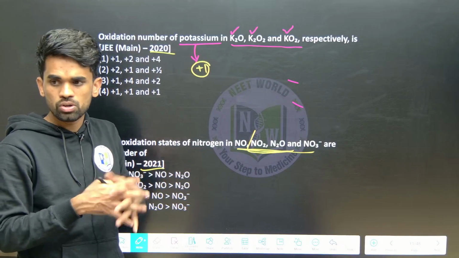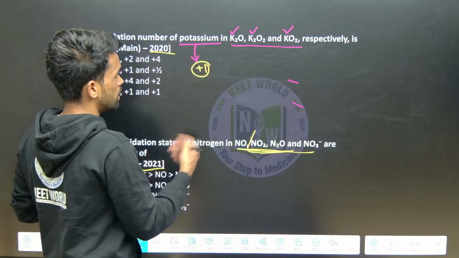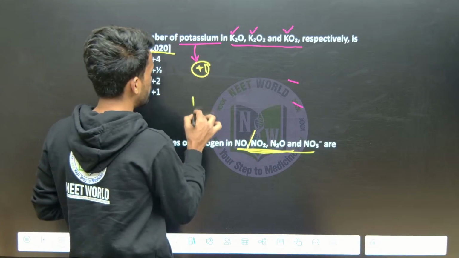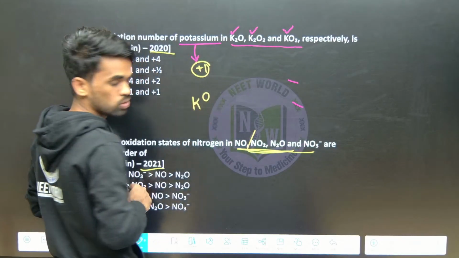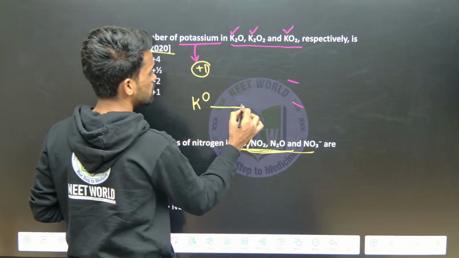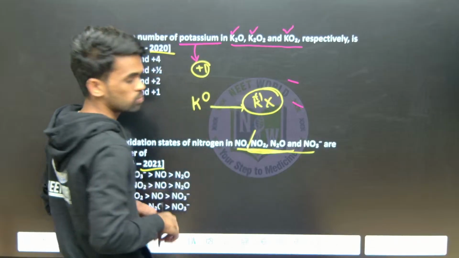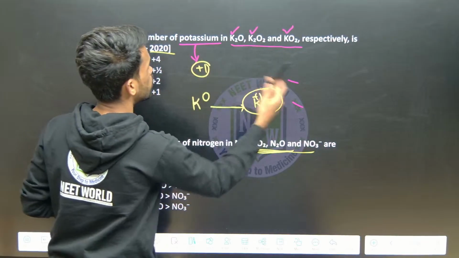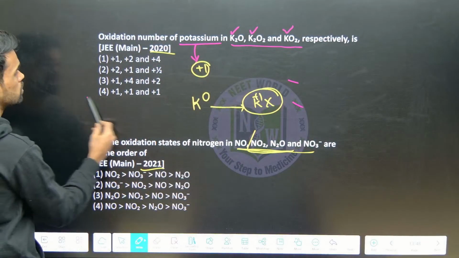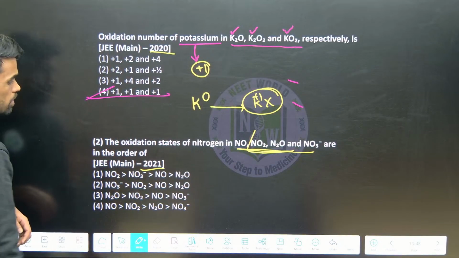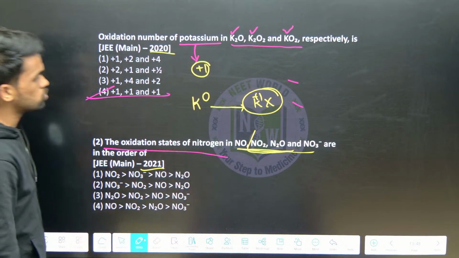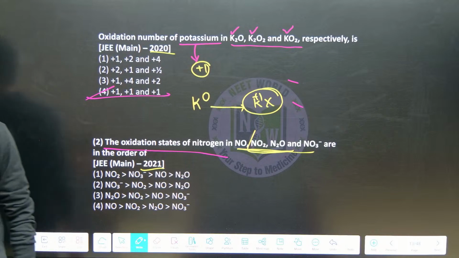When it is in elemental form, it will be 0, like K. But whenever it is combining with some compound, it will always have a plus 1 charge. So based on that, what is the answer for this? Fourth option. Now next, tell me for this, nitrogens in this compound, 4 compounds.